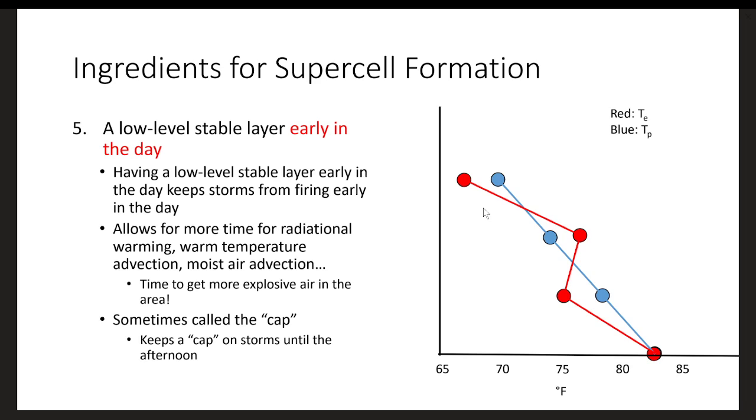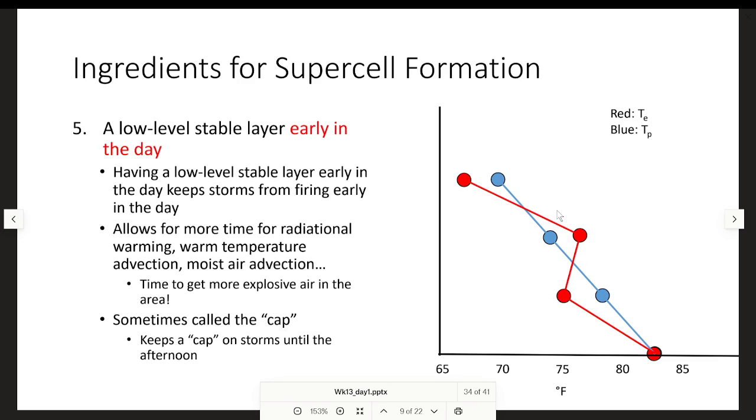What happens is it's called a cap. It keeps the cap on the storm so they don't form too early. You can wait until the right conditions, and that energy to produce the storm starts building up. That's why they call it a loaded gun sounding when it looks like this.